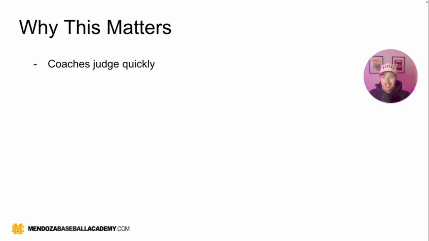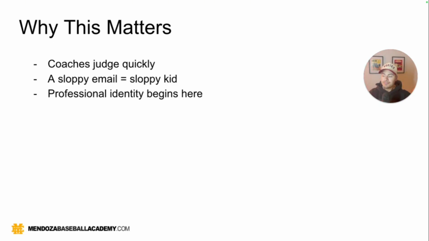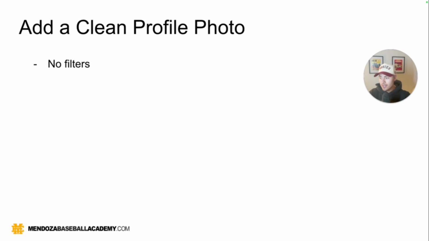So they get it, right? And a sloppy email makes me think that the kid's a little bit sloppy as well, right? How they're presenting themselves, how professional they look. It's just easy to associate those two things, right? So professionalism and that identity ultimately begins right here with this first contact, right?